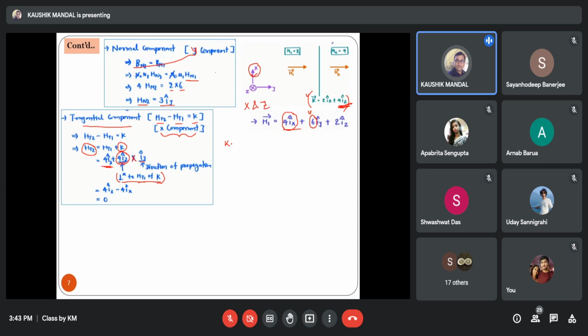The K will be equal to dash cross dash. What will be that first dash?